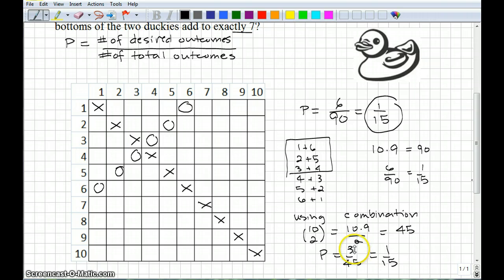If order doesn't matter, both the numerator and the denominator must assume that order doesn't matter, and if order does matter, both must assume that it does. Either use a permutation over a permutation or a combination over a combination, but be consistent. All right, so there's your answer, 1/15.